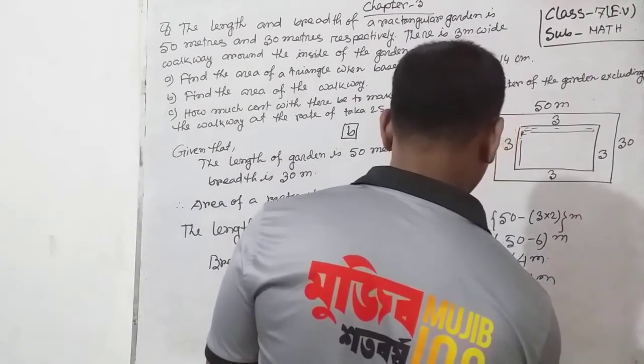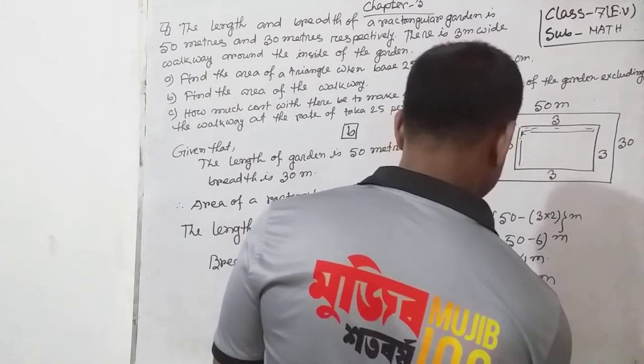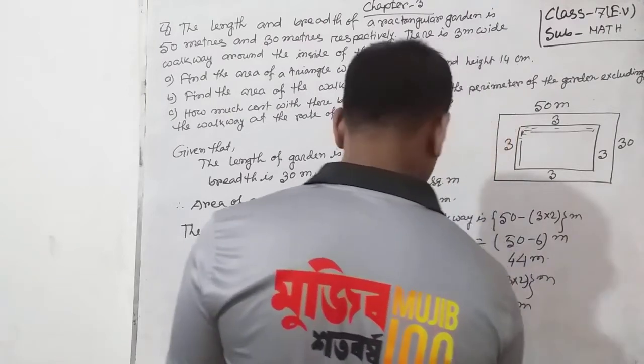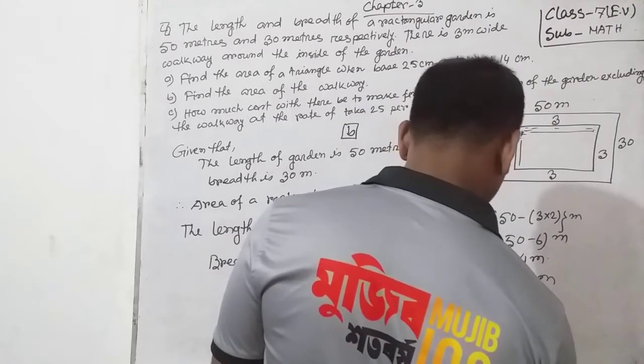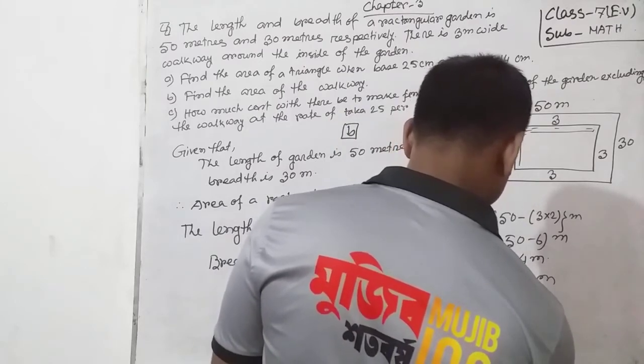So you can write 30 minus 6 meter. You can write it 24 meter.